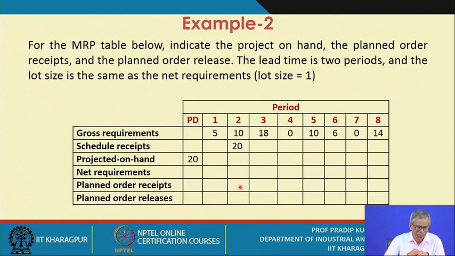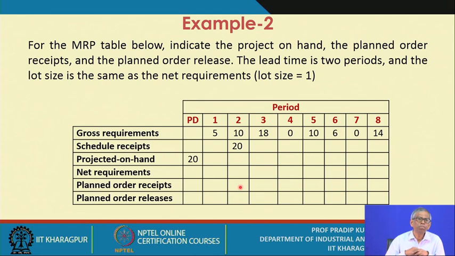Now this is the first step, but we have not completed all the steps in an MRP calculation, because what you need to do next is the order releases. So the order will be placed. This order could be in the form of a work order, or in the form of a purchase order. When you place the order, there will be a lead time for both work orders as well as purchase orders.